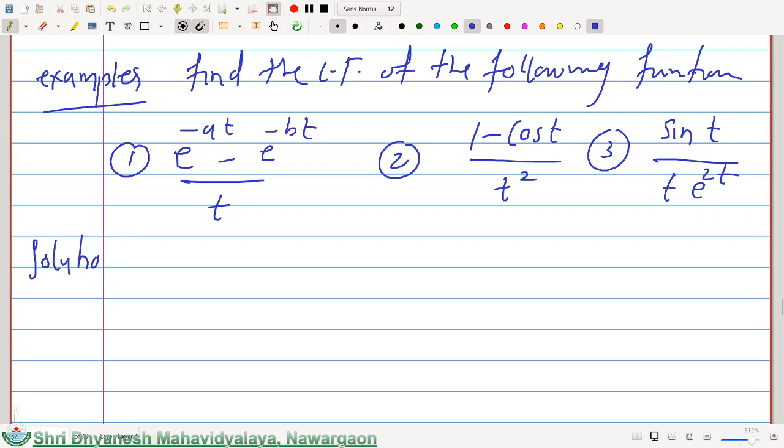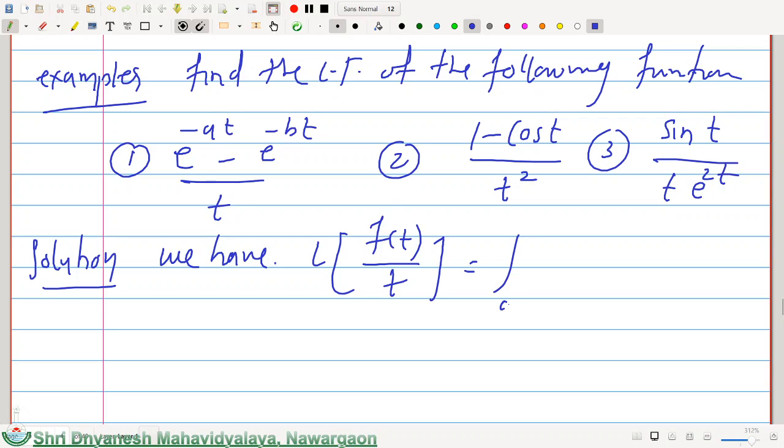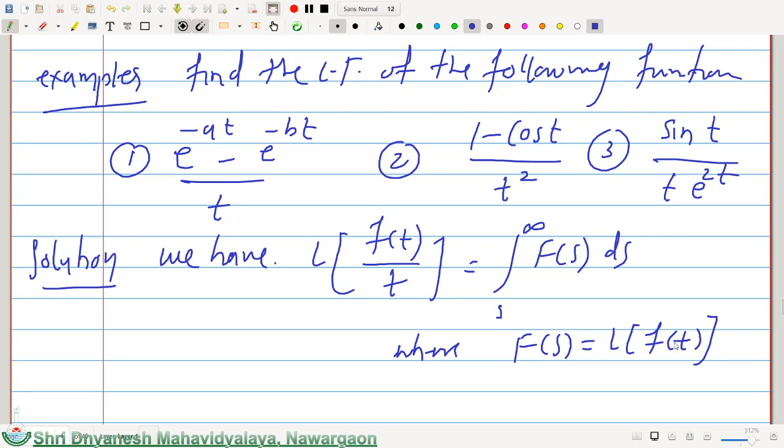Solution. We have the Laplace transform of a function f of t divided by t as integration s to infinity F of s ds, where capital F of s is nothing but the Laplace transformation of function f of t.